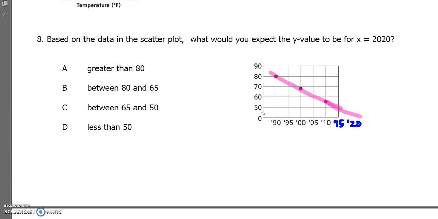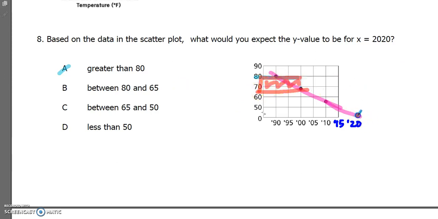So let's look at our answer choices and see if we can figure this out. A says it's going to be greater than 80. Well, guys, 80 is right here. This point down here is definitely not above 80, so that's not going to be it. The next one says between 80 and 65, so 65 would be here. And that means up here in this general area somewhere.